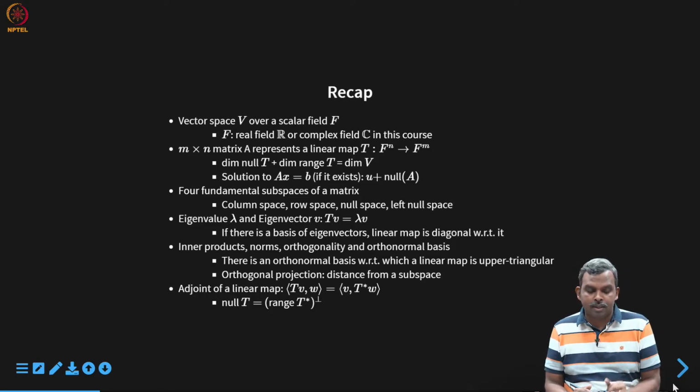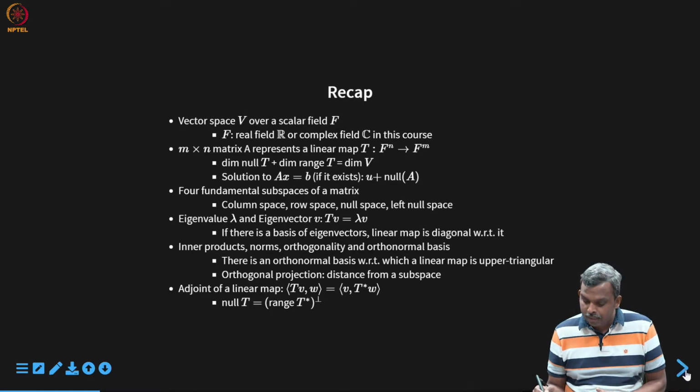And we saw that there are nice connections between the null space of the map and the range space of its adjoint. All these interesting relationships come in handy when we try to derive more advanced results about operators.